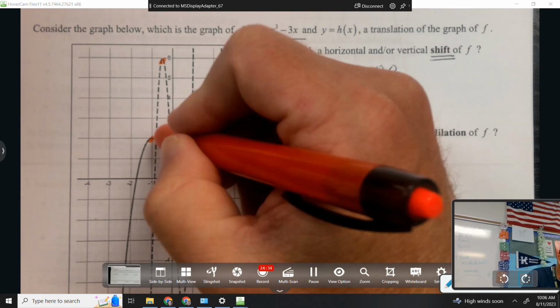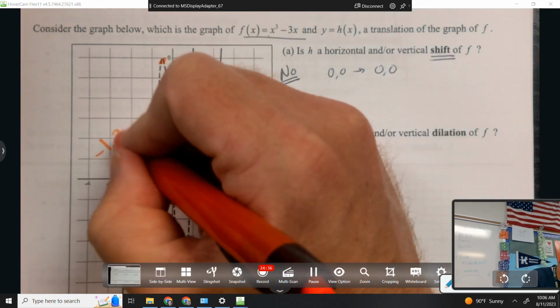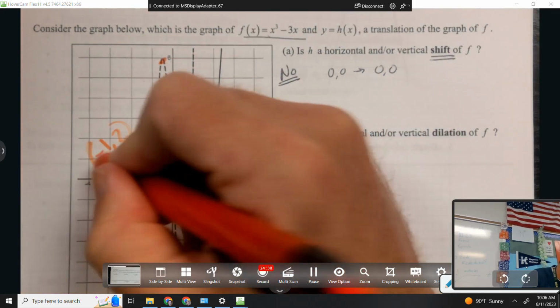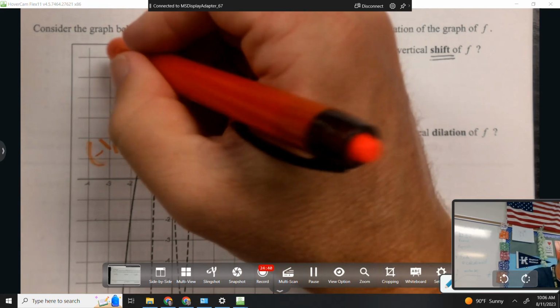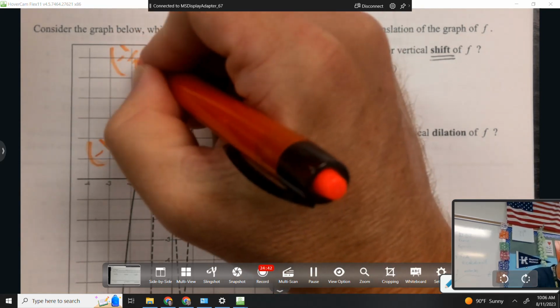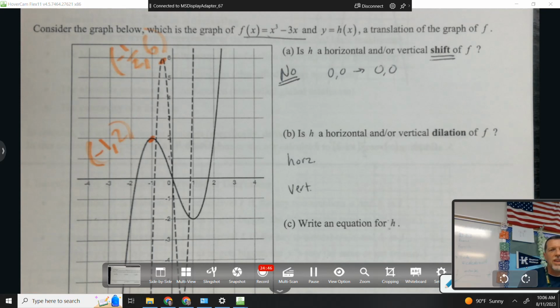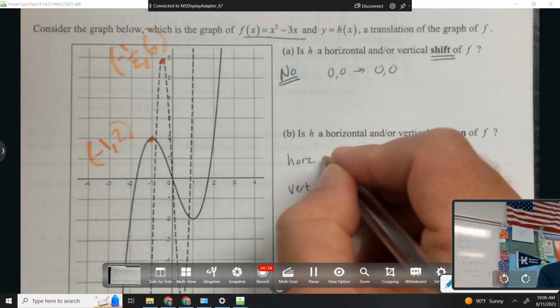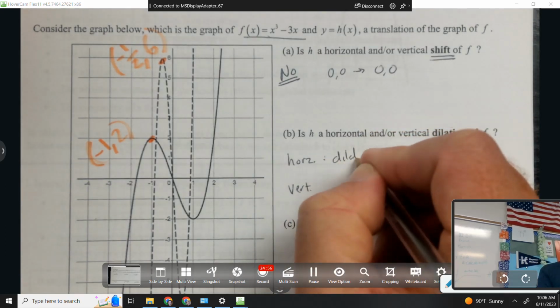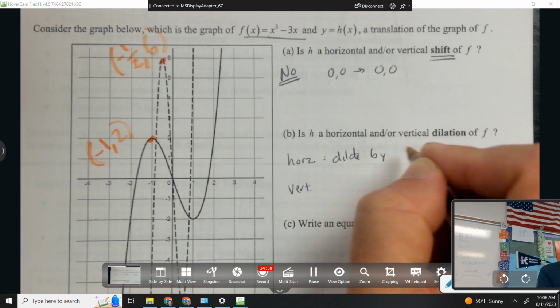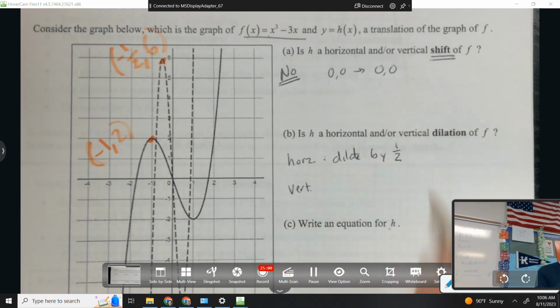So the original is at negative 1, 2, and the new one is at negative 1/2, 6. So horizontal, we dilated by 1/2. You could say compressed by 1/2.